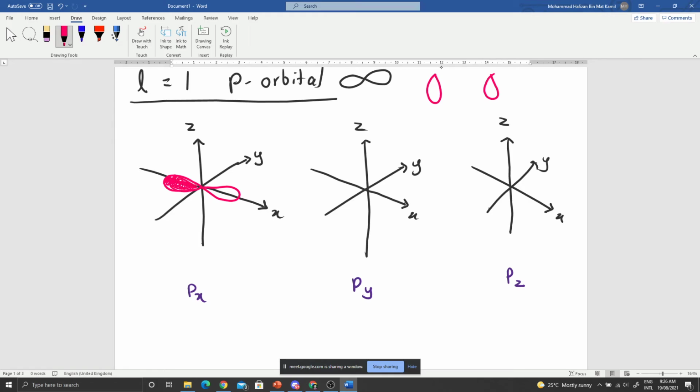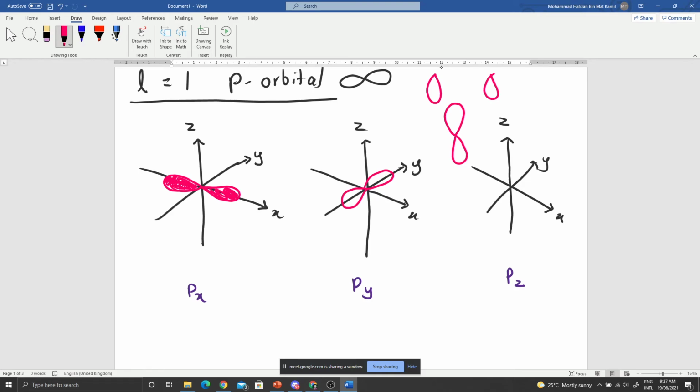You boleh untuk tak nak colorkan, tapi I prefer untuk you colorkan so that it really show that you punya orbital is directly on top of the axis lah. And then same thing untuk py, tapi sekarang dekat y axis. Like that, dia punya orbital. Where it is dekat tengah dia kurus, dekat atas dia gemuk sikit. Kurus, dekat sini gemuk ke atas.